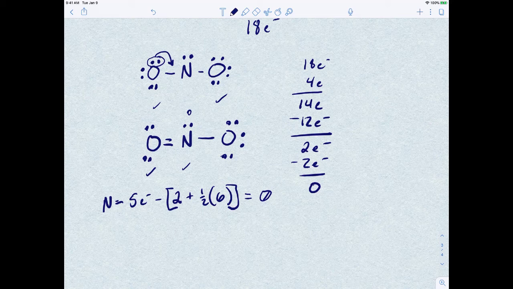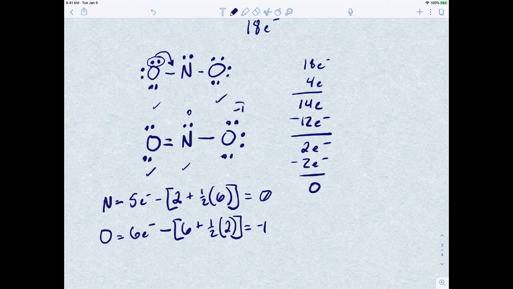All right. Now, let's check the oxygen on the right this time. Again, you have 6 valence electrons in a free atom. In this case, you have 6 non-bonding electrons and 1 bond, so you're going to take half of 2. Half of 2 is 1. 6 plus 1 is 7. 6 minus 7 gives you a negative 1 charge.